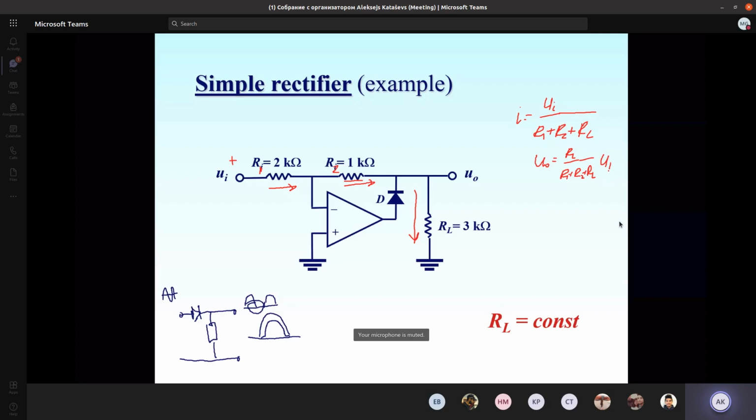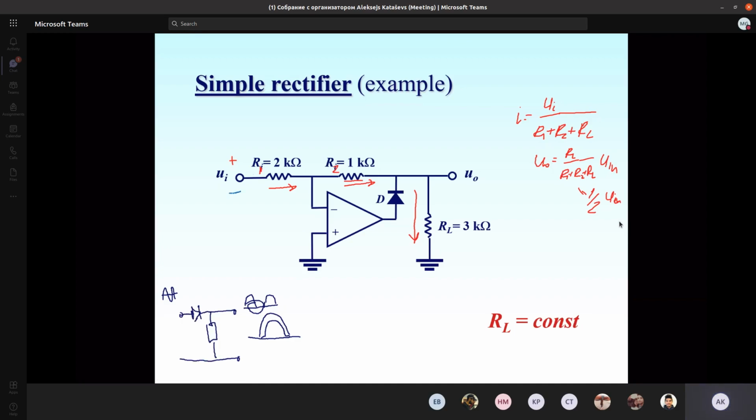If you look at the values of the resistors, these values are selected so that RL divided by R1 plus R2 plus RL will be equal to one half. So if we have a positive voltage, we get here a half of the input voltage. Okay, fine. Let's see what happens if we have a negative voltage.